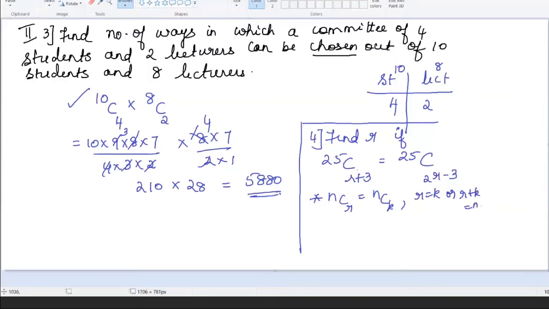So here I cannot see r and k are equal, so I have to opt for the next option, that is R plus 3 is equal to 2R minus 3. So you're getting the answer easily here. 2R minus R is what? R. R is equal to 3 plus 3, you're getting 6.